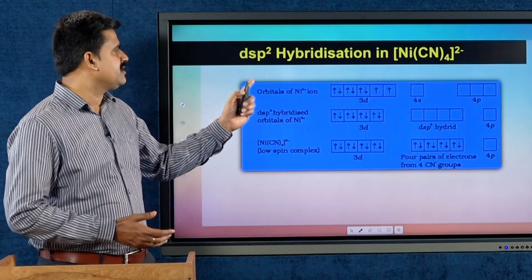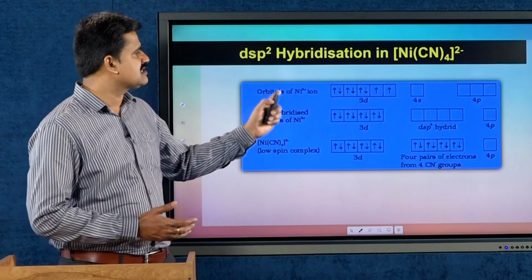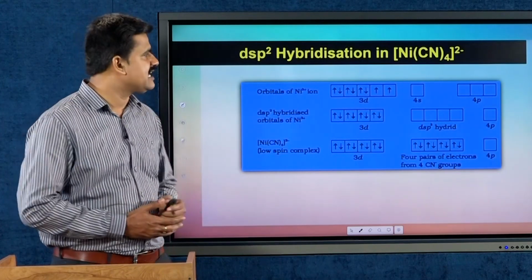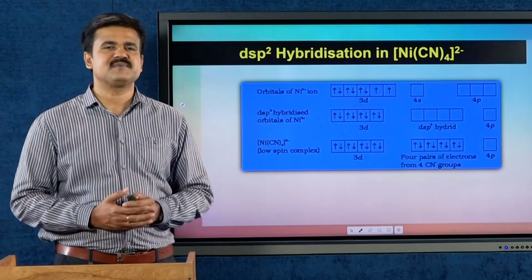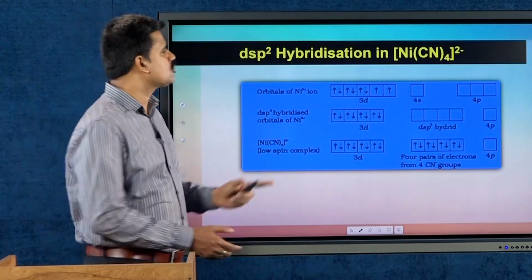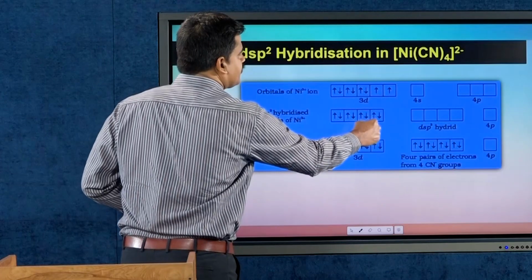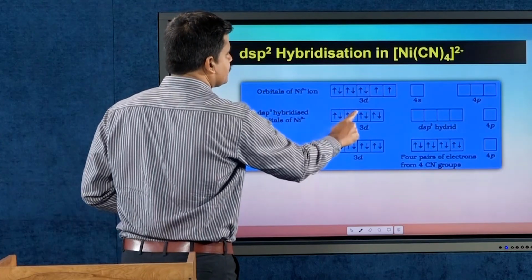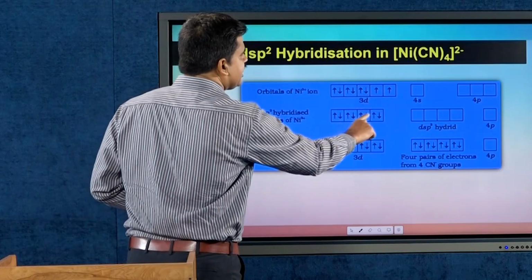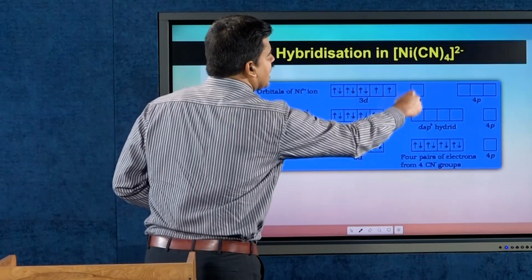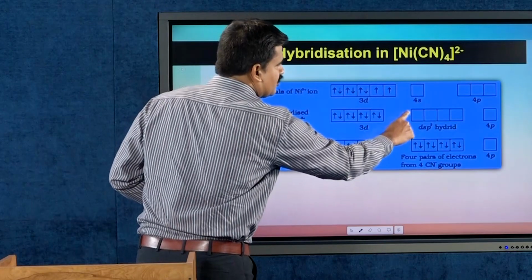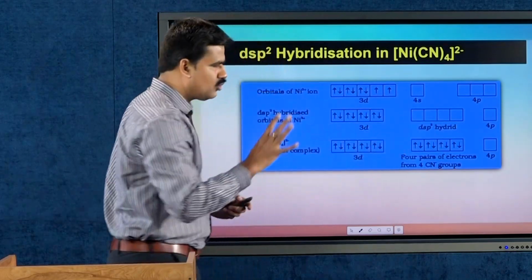The central atom nickel 2+ ion has a ground state configuration 3d8 4s0 4p0, and for the sake of dsp2 hybridization, the 2 unpaired electrons are paired here, getting a configuration of 3d8, and 1 d orbital will be free. That d orbital merges with 1 s orbital and 2 p orbitals to get 4 dsp2 hybrid orbitals.